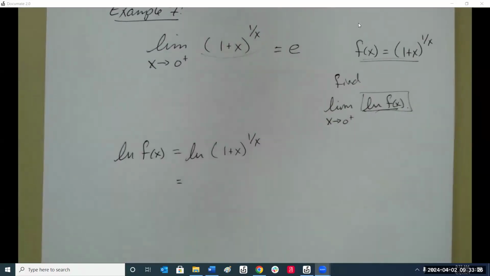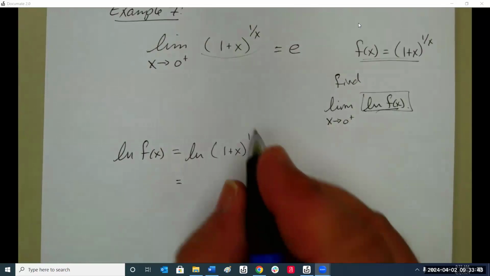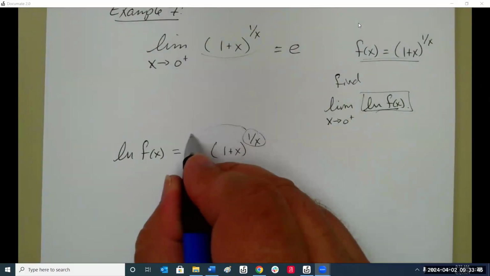So what does that become? Using the rules of ln that we know so far, what can we do here? Bring the exponent to the front. Very good.